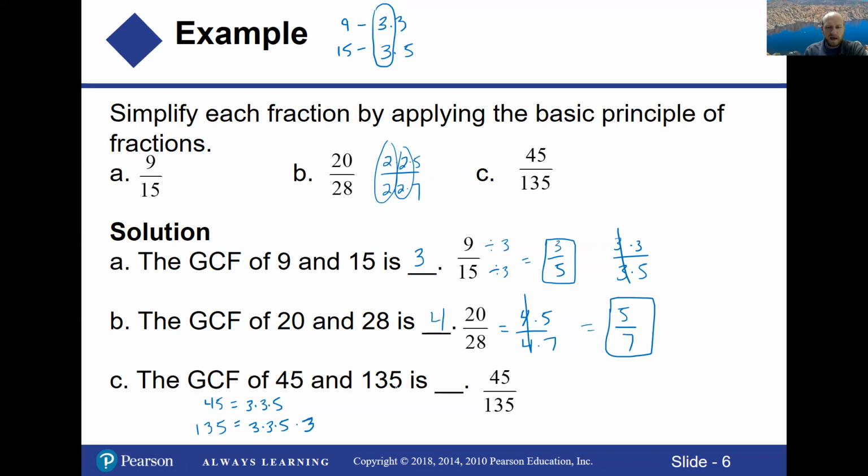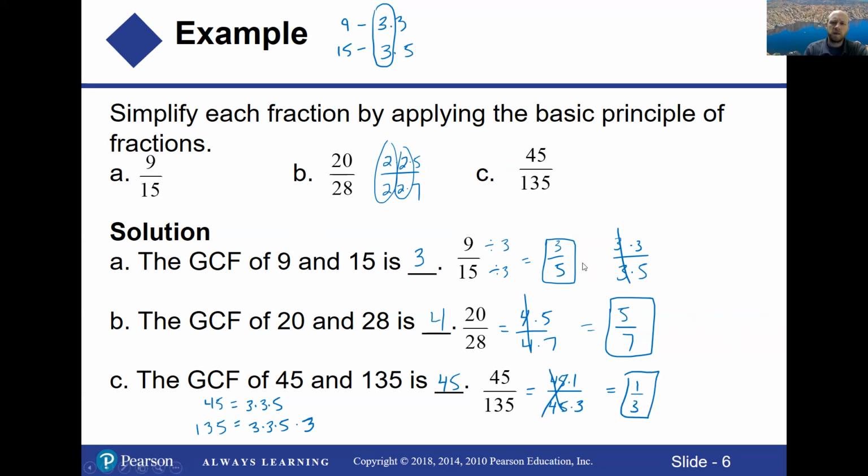So the greatest common factor in these is actually going to be 45. You can kind of double check that this all multiplies to 135. But what you can do in this one is you can say 45 is the same thing as 45 times 1. 135 is the same thing as 45 times 3. And then you can just cancel these 45s out and you're just left with 1/3, if we were simplifying that fraction.